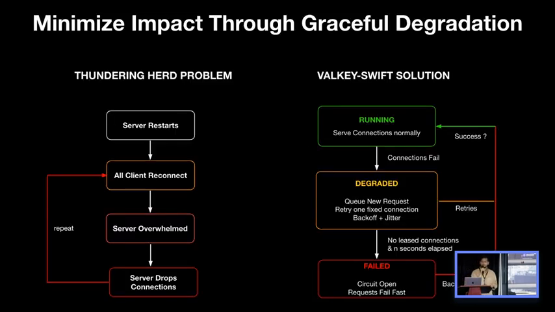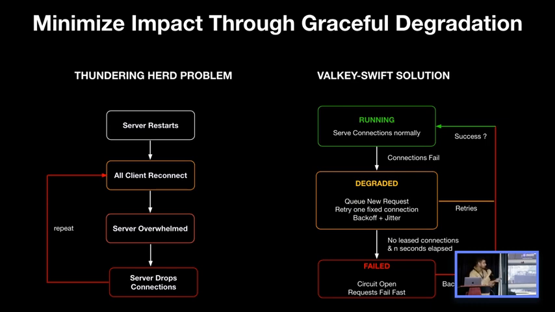One core philosophy that we have followed in Valkey-Swift is to minimize impact to both client and server under unexpected scenarios. Let's take a look at an example of this through graceful degradation. When a Valkey node restarts, every client that is connected to it is going to notice that this node is down around the same time.